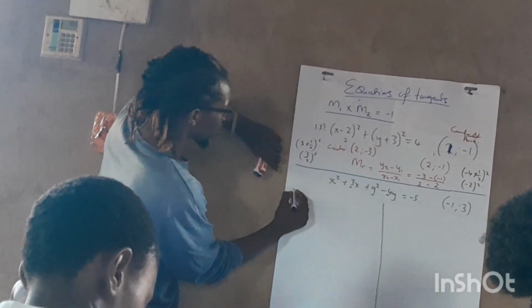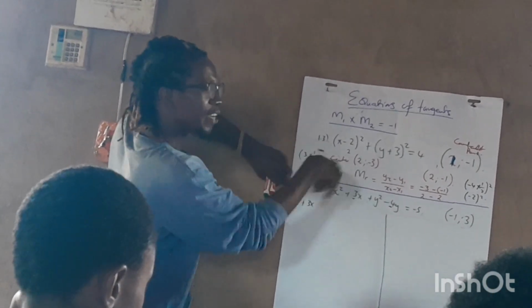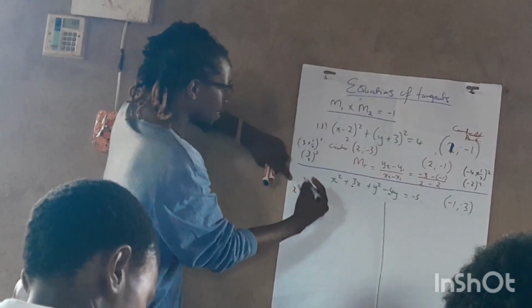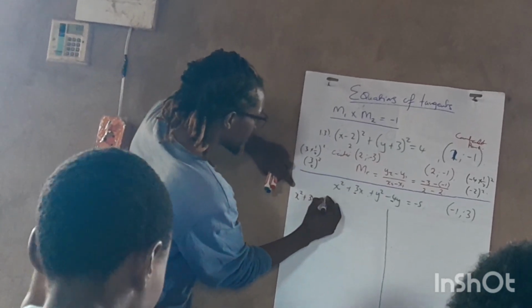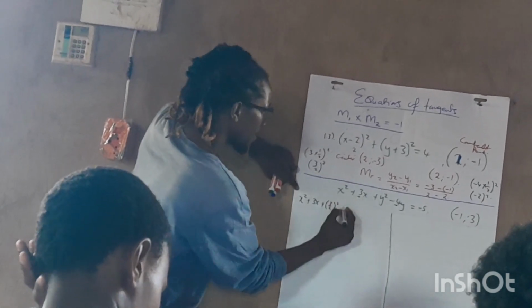So what would be this equation of ours? This would be x squared plus 3x, and we add that on both sides, right? So we're adding plus (3 over 2) squared, and then plus y.